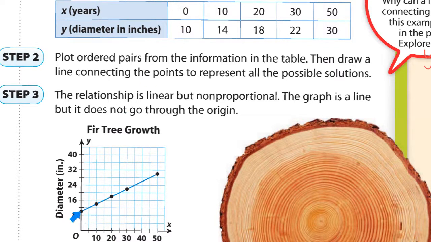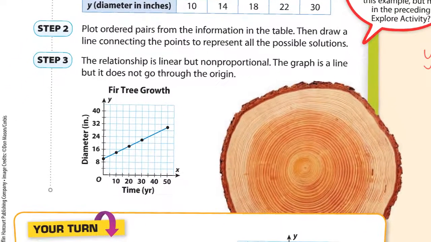That's this point right here. Then 10, 14; 20, 18; 30, 22; and then the last one, 50 and 30. And there we go. It makes a straight line right there, not going through the origin, so it's not proportional. And that is what we got.